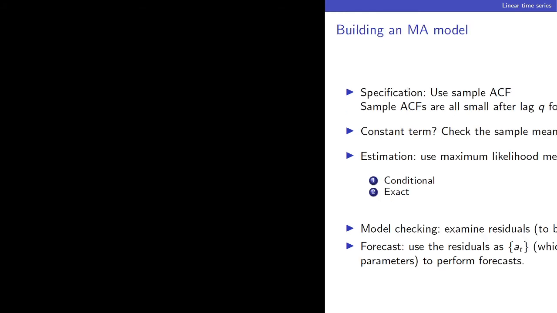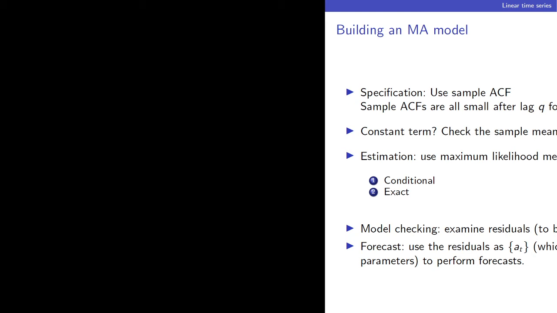Now, how can we build one of these? For specification, we will use sample autocorrelation functions. They're all small after lag q for an MA(q) series. I mean, their autocorrelation functions are 0, but sample autocorrelation functions are small enough, like very small, but there is a way to test them. Constant term, sample mean. For estimation this time, we will do either conditional or exact maximum likelihood.